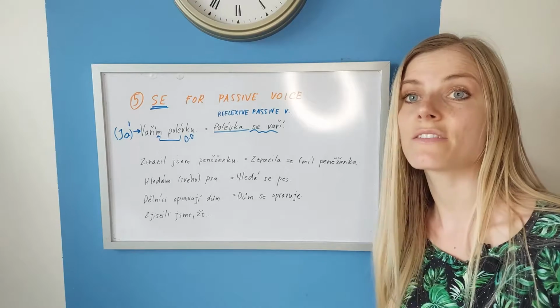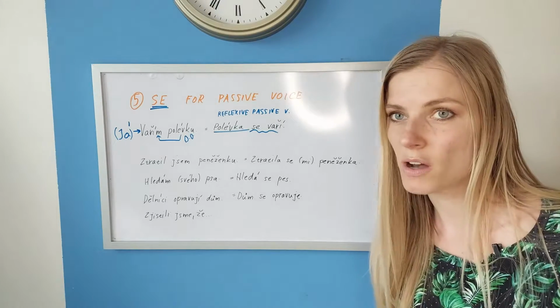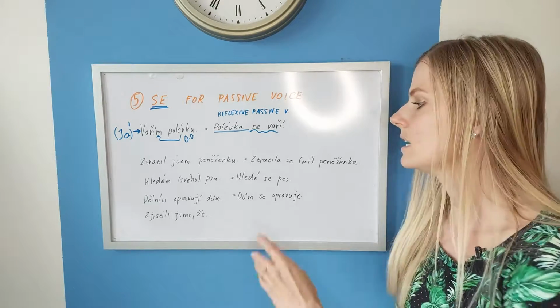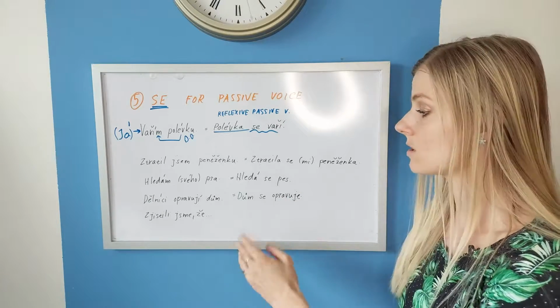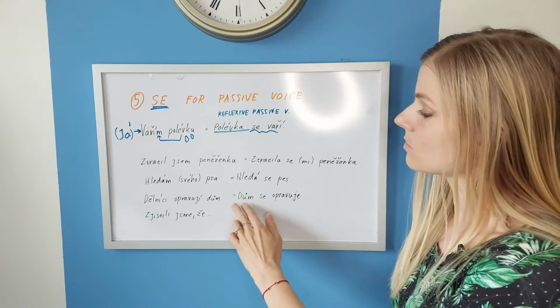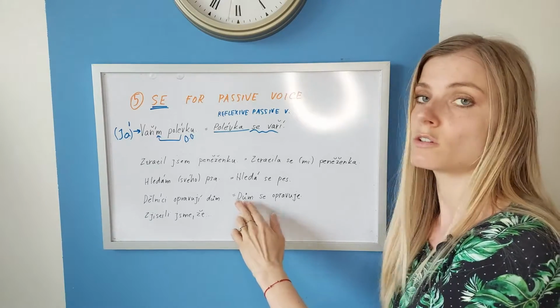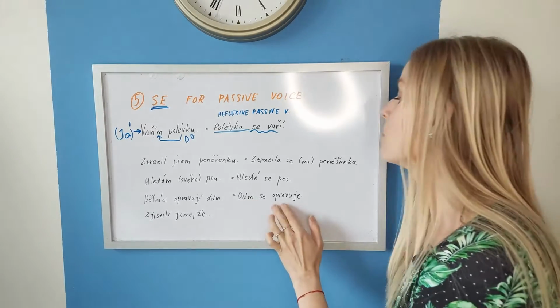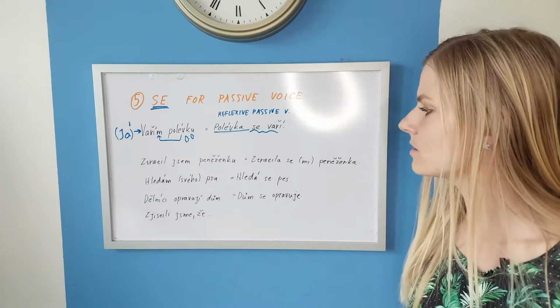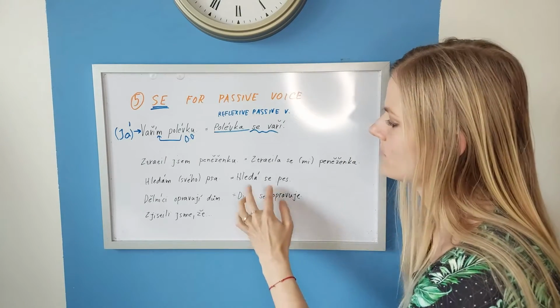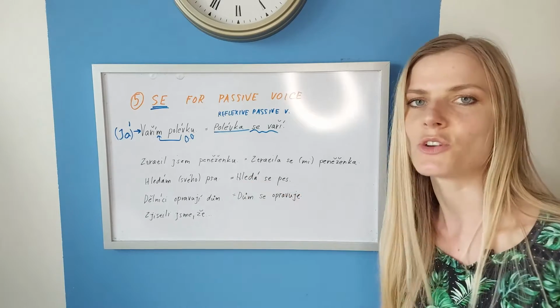But if you want to say the house that I already spoke about, or my house is being repaired, then it's pointless to have it at the end. Actually, it would be confusing. We start with the old piece of information, usually. Dům se opravuje. And opravuje is the new piece of information. In case you were wondering why I didn't write it in the same order as with the dog.